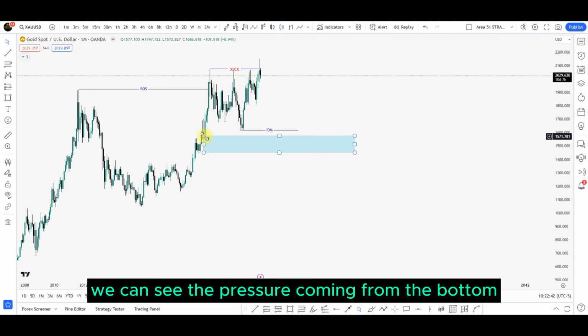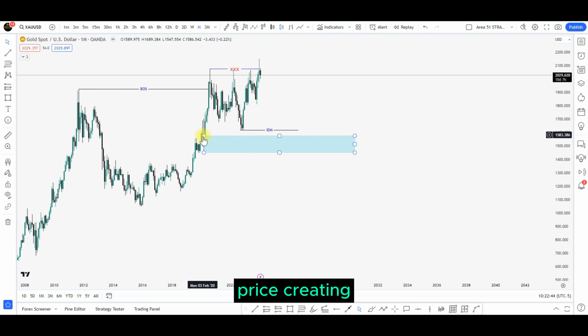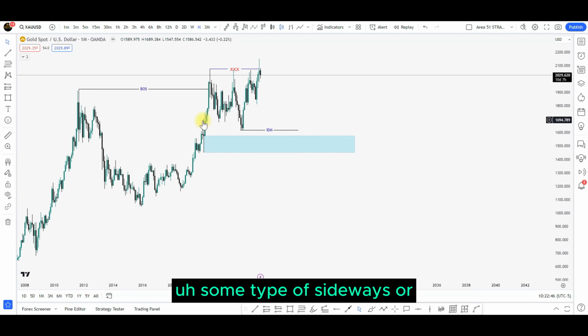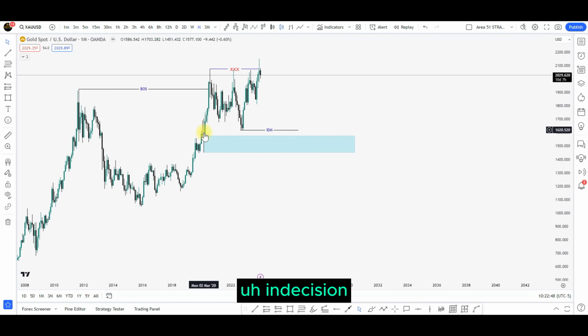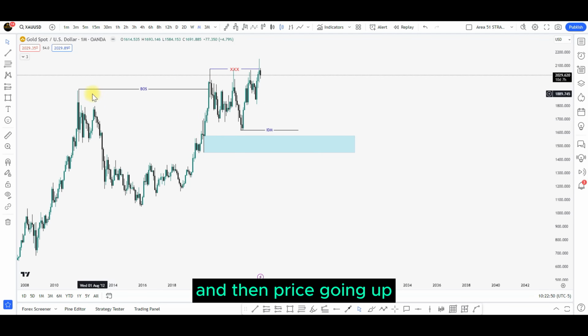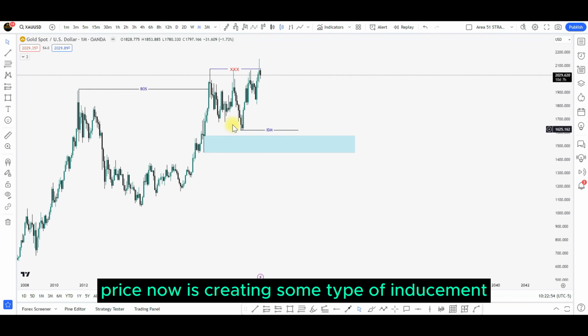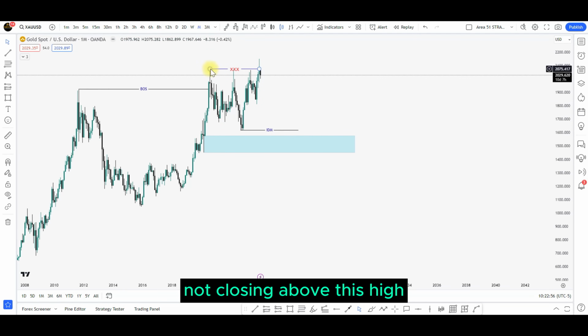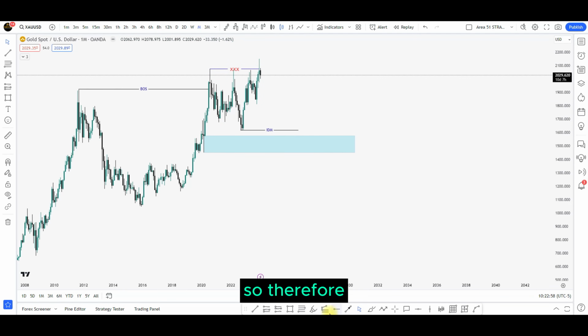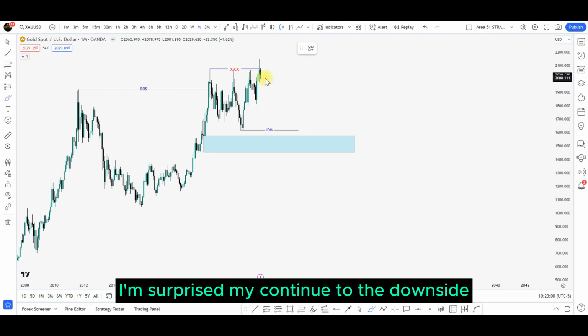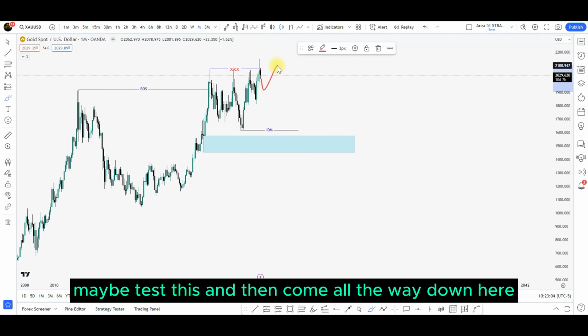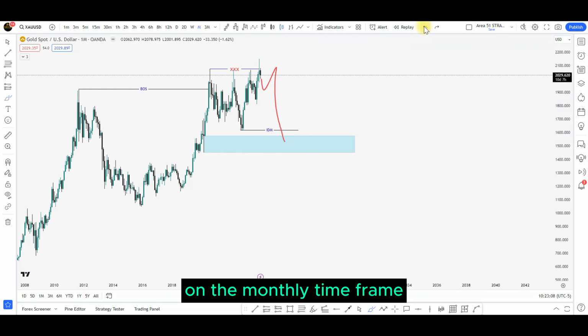We can see the pressure coming from the bottom, price creating some type of sideways or indecision, and then price going up, creating a break of a structure. Price now is creating some type of inducement, not closing above this high. So therefore, price might continue to the downside. It comes over here, maybe tests this, and then comes all the way down here before it continues to the upside on the monthly time frame.